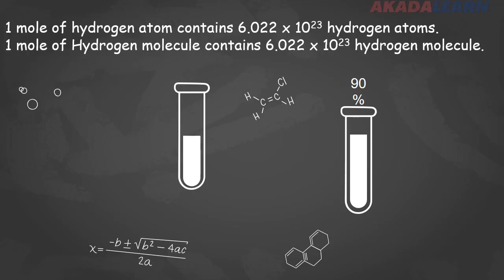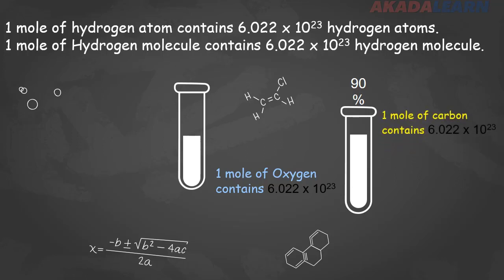Likewise, 1 mole of hydrogen molecules will contain the same 6.022 times 10 to the power 23 hydrogen molecules. 1 mole of oxygen will contain the same number, 6.022 times 10 to the power 23. 1 mole of carbon will contain the same Avogadro's number, while 1 mole of water, H2O, will also contain 6.022 times 10 to the power 23.